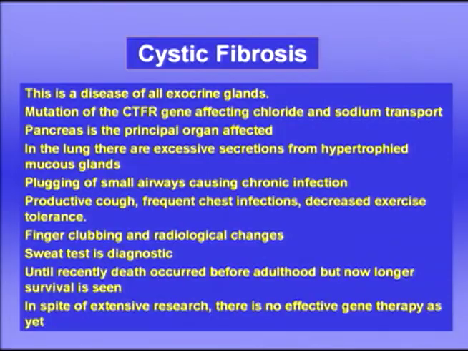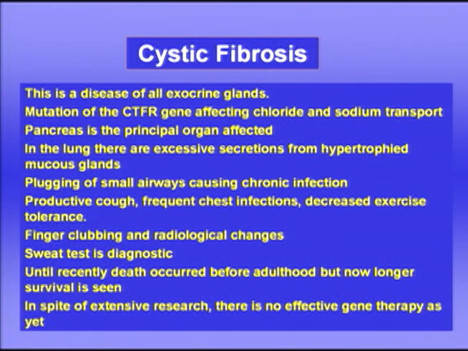You can help the patient to get rid of retained secretions. Physiotherapists can help with that. But it used to be that most of these patients died before they reached the age of 20, but now many of them survive into their 30s, for example, perhaps even longer, and that's because of the improvements in management.